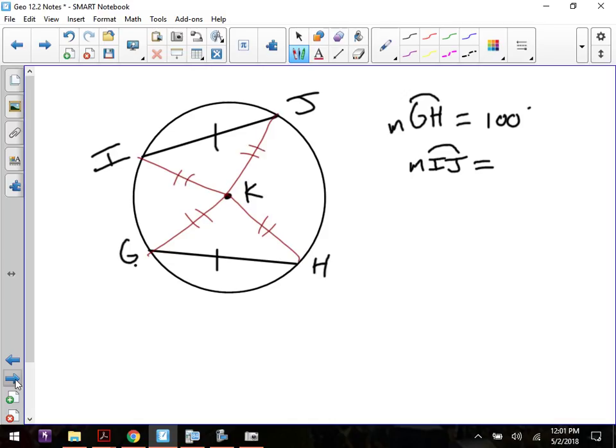Does that mean that the triangles are the same? Does that mean that the central angles are the same? Which means if GH is 100, that angle here is 100, which makes this angle 100, which makes this 100. It goes back and forth just like that because of the relationship to all the pieces.